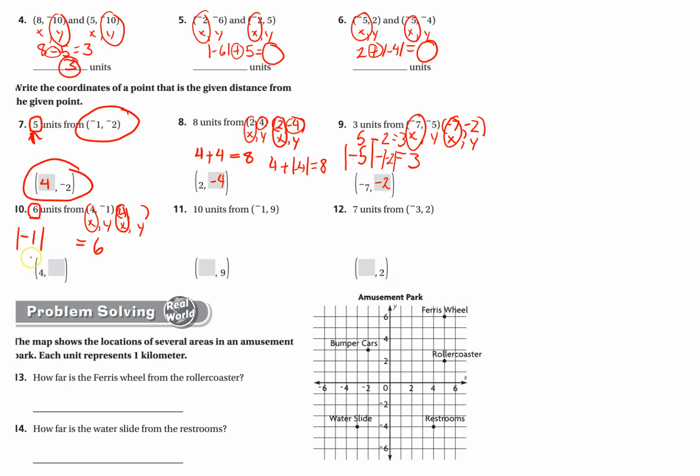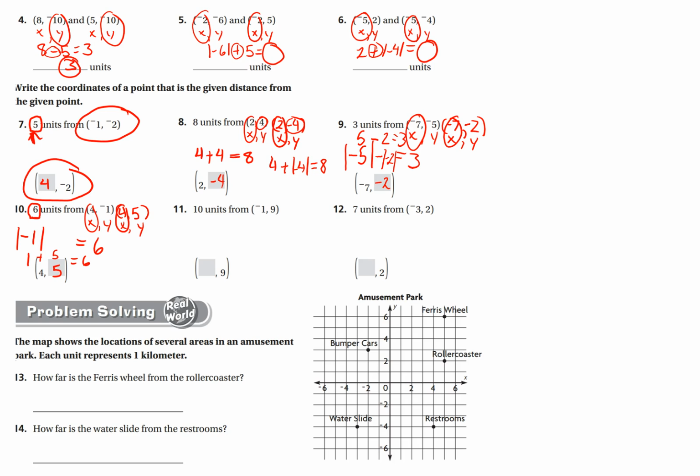So absolute value of -1 is 1, and then I need it to equal 6, so I'm going to need to add 5. Okay, so that's going to be a 5, 4, 5, and again, we can always graph to check our answers.